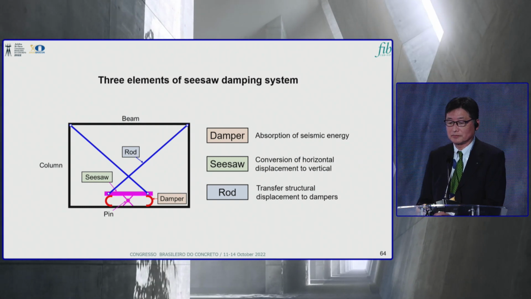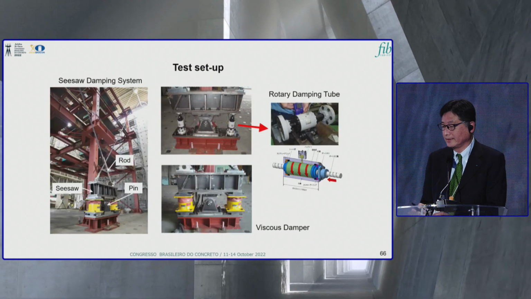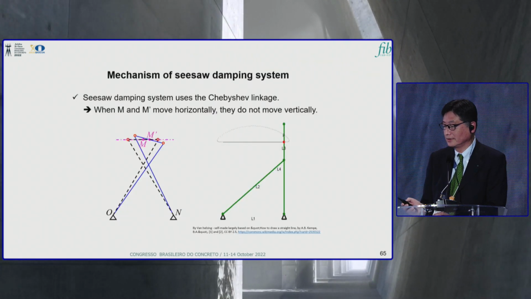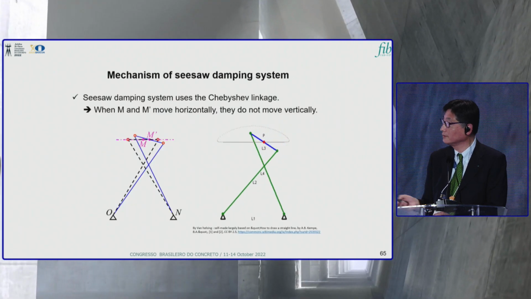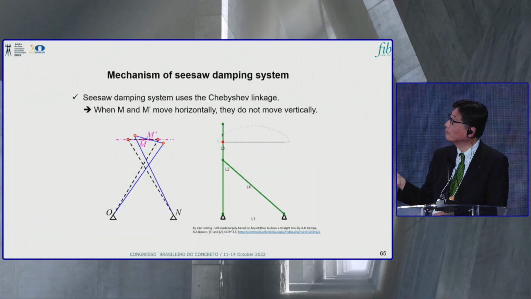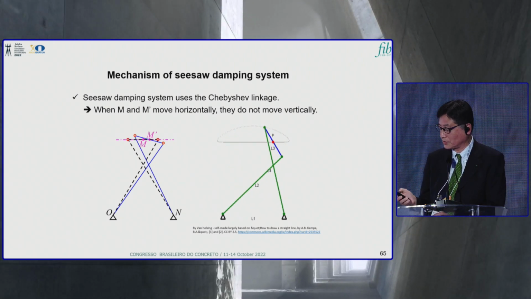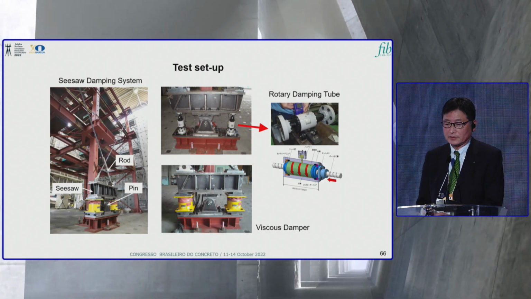So this system can be used by using a Chebyshev linkage. Oh, you can see that. So, sorry. This is an animation. So the point P never moves horizontally or vertically. And we checked this behavior in a laboratory test.